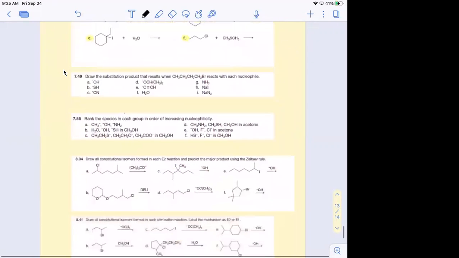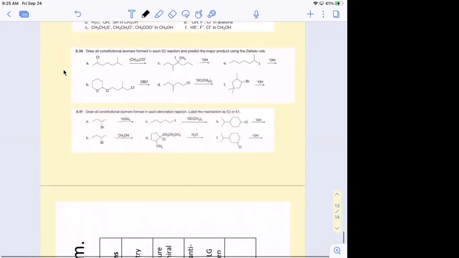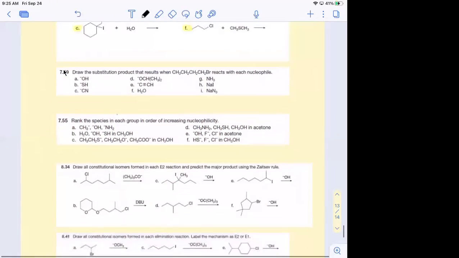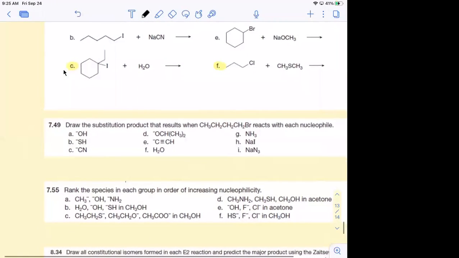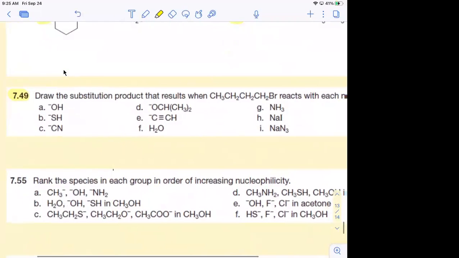All right. So let's go down to, I really think this is the last part of this section. Let's go to 749. And we're going to do B, E, and I. Let's do that.